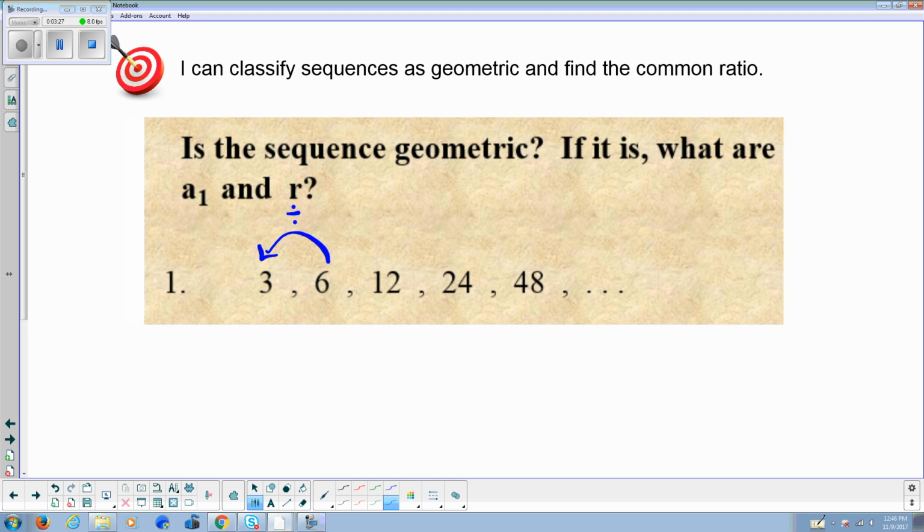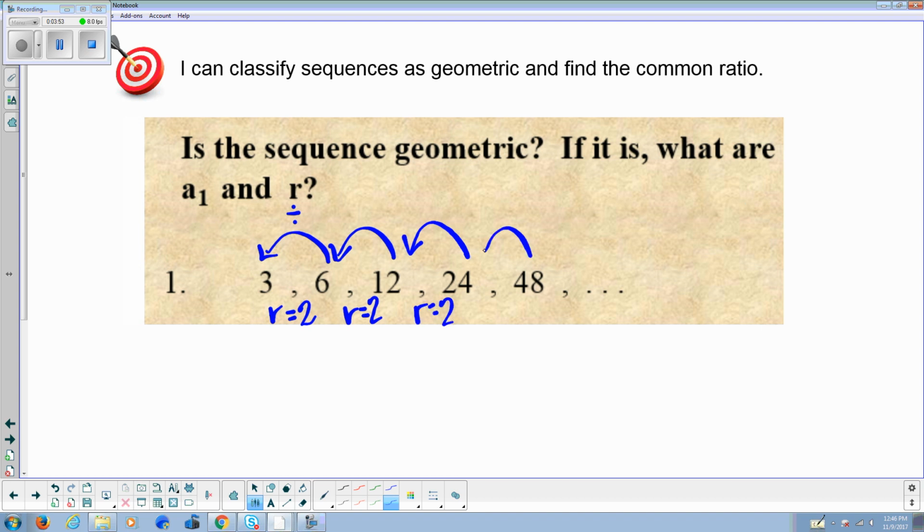So if I begin by dividing 6 divided by 3, we get R equal to 2. Try that again. Try 12 divided by 6, and we still get R equal to 2. And if I divide 24 by 12, so doing that a third time, I still get R equal to 2.